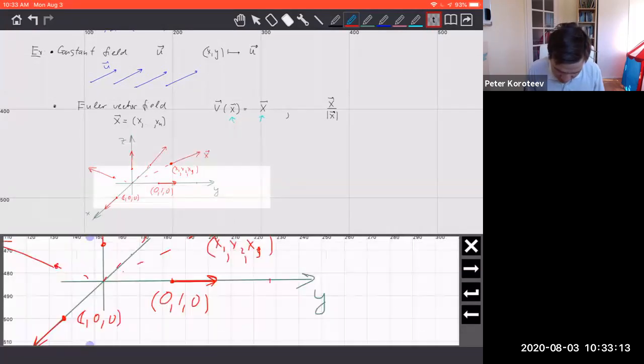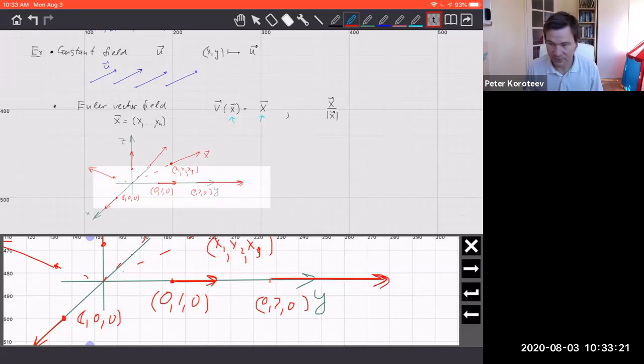For example, if you take the point 0, 2, 0, the vector will be twice as long. As you go to infinity, those vectors become longer and longer. Sometimes it's called the Euler vector field.